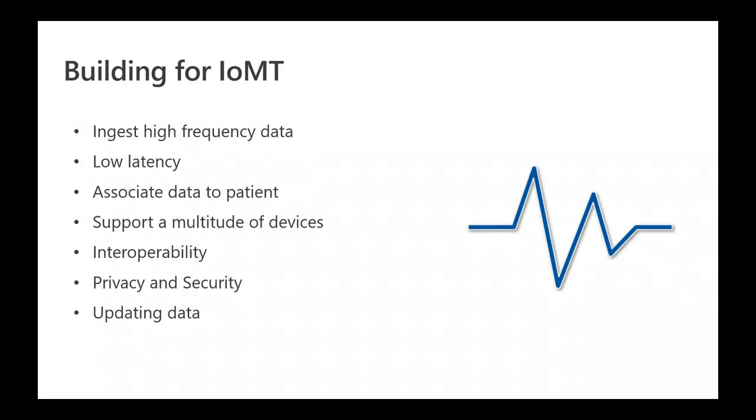And specifically here, this is where we're targeting FHIR, which is an open healthcare standard that's gaining traction in the community and provides us a way of sharing data across hospital systems. You also have to be aware of privacy and security and account for those. And also, what do you do when you need to update the data that's coming from the device?